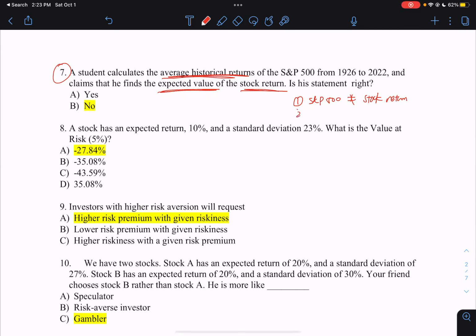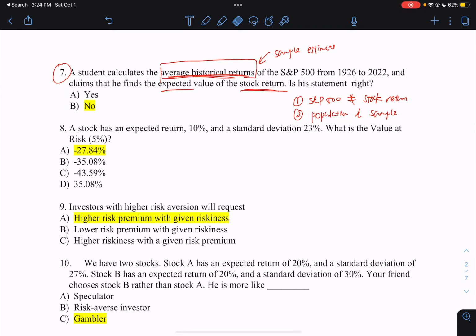And secondly, in this question, I want to test what I emphasized in class, the difference between population and sample. Again, if you get the average historical return, this is the sample estimate.